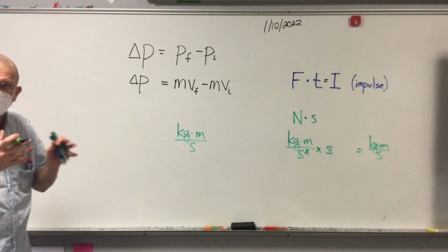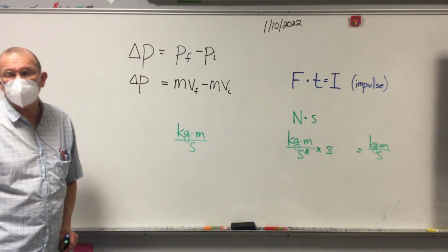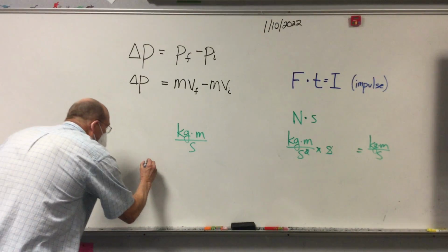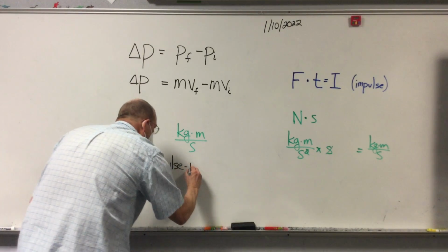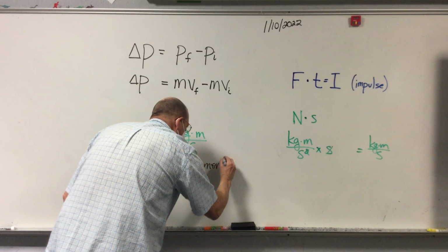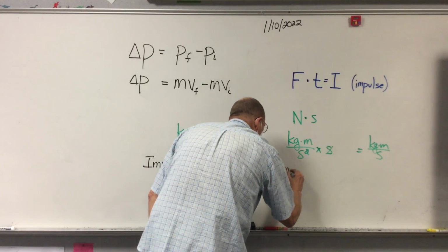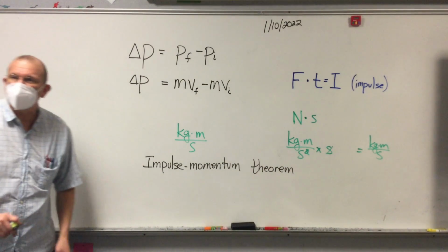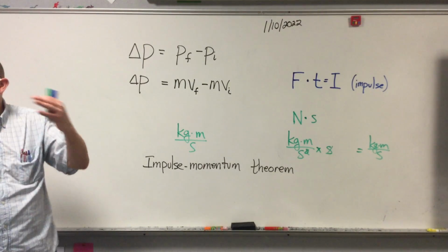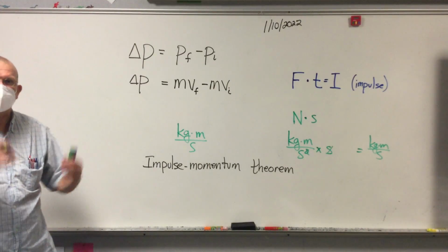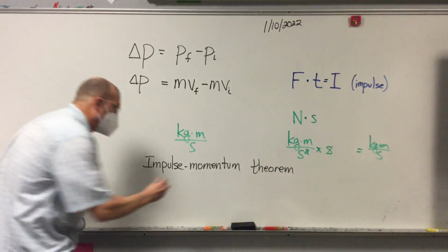There is a theorem. This is the first time we've really seen this happen this year, but we will see it at least one more time later on. It's called the impulse momentum theorem, and I'm going to give you two versions: the summary version, which tells the story, and the mathematical version.